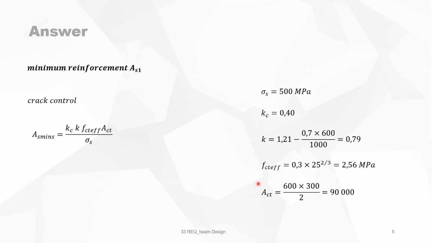The section under consideration is half of the section, which is 90,000. Bear in mind, if you use this as half, you have to put the reinforcement on top and on the bottom, because you can also have a negative cracking bending moment. So this is for the positive cracking bending moment. So Act is 90,000 because of pure bending.